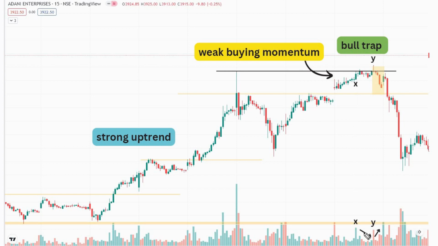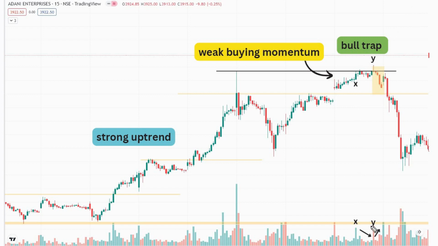Okay, so see, if this was all buying pressure, why isn't there a follow through? Why? There is a big question mark. If this was all buying pressure, then prices shouldn't have broken this level and continued the upward momentum, isn't it? But what happened?